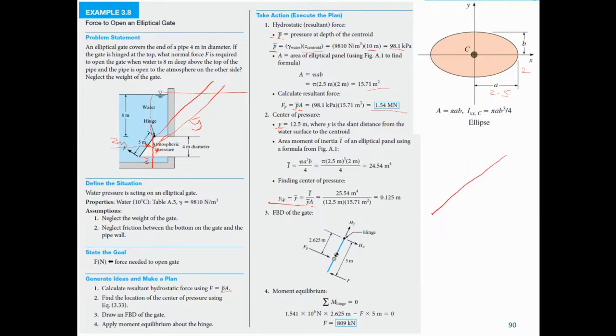So let me sketch it here. If this is 4, this is 5, and definitely this is 3 by Pythagoras theorem.